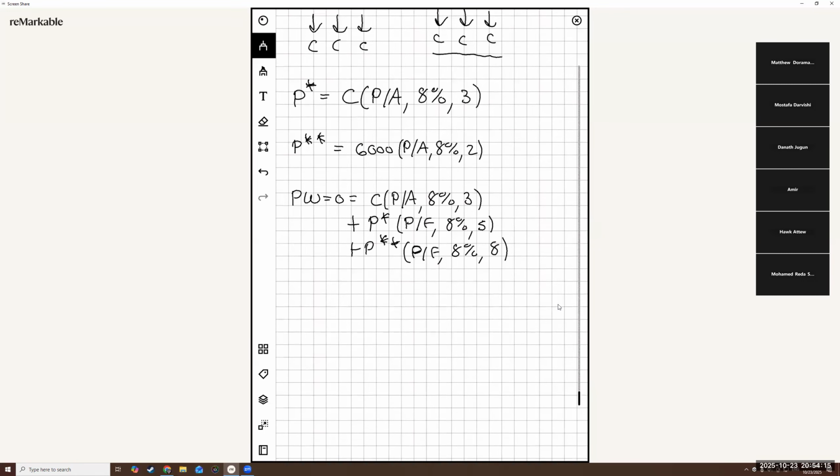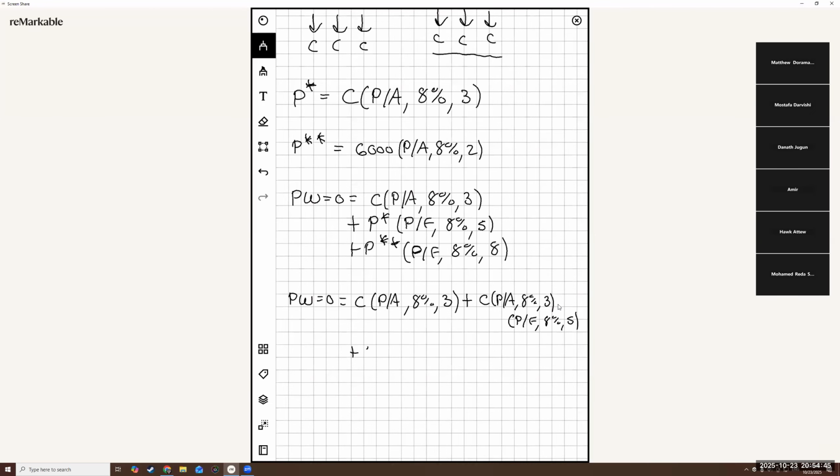Okay. Now, all we have to do is plug everything in and calculate our value. So first we have C, P slash A, 8% for 3. Then we have C, P slash A, 8% for 3, that's also multiplied by P slash F, 8% for 5.